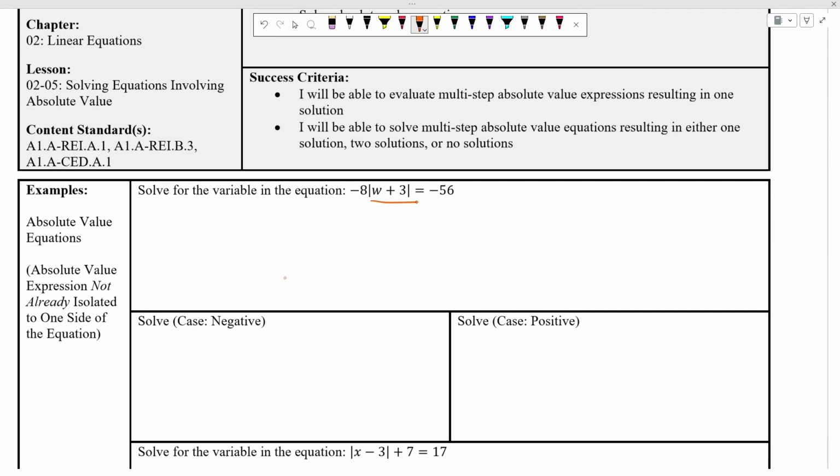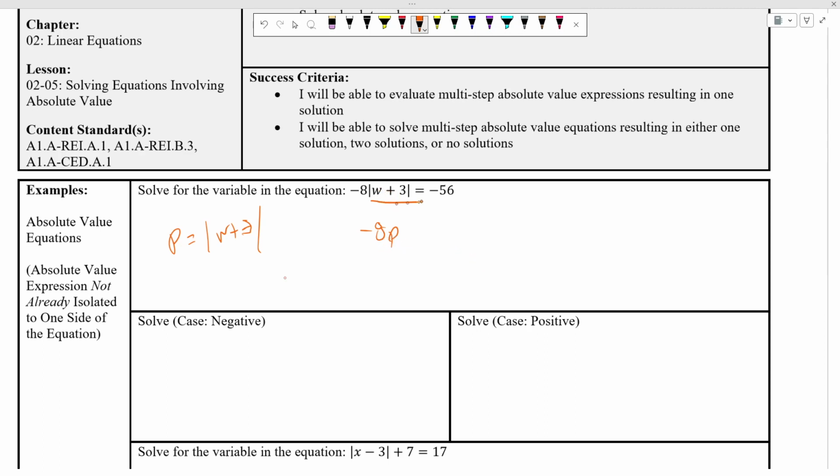Until this term is isolated, treat it, just mentally, as a variable. If you want to take that next step and literally put a variable in its place, by all means, and then maybe say p equals w plus 3. Whatever works for you to get you thinking that this is a variable.